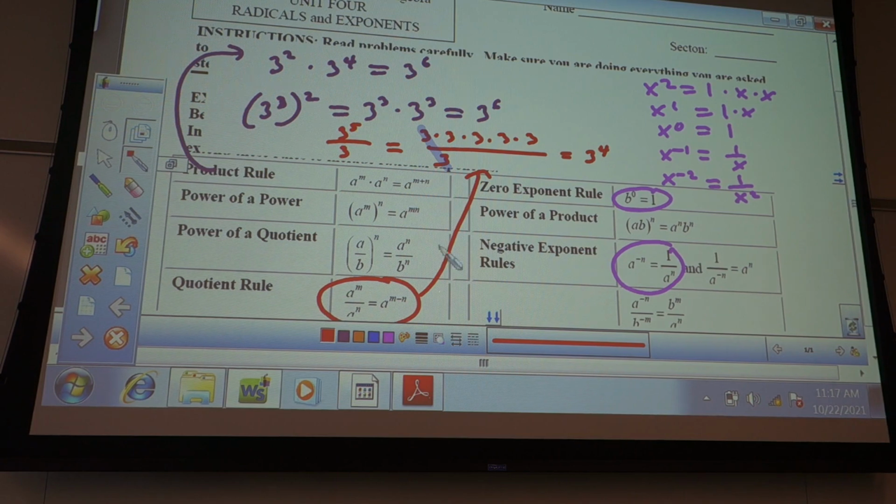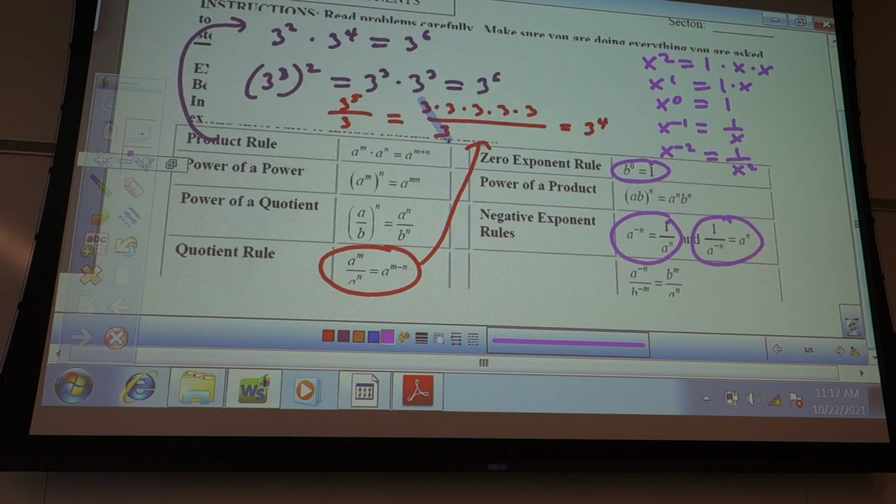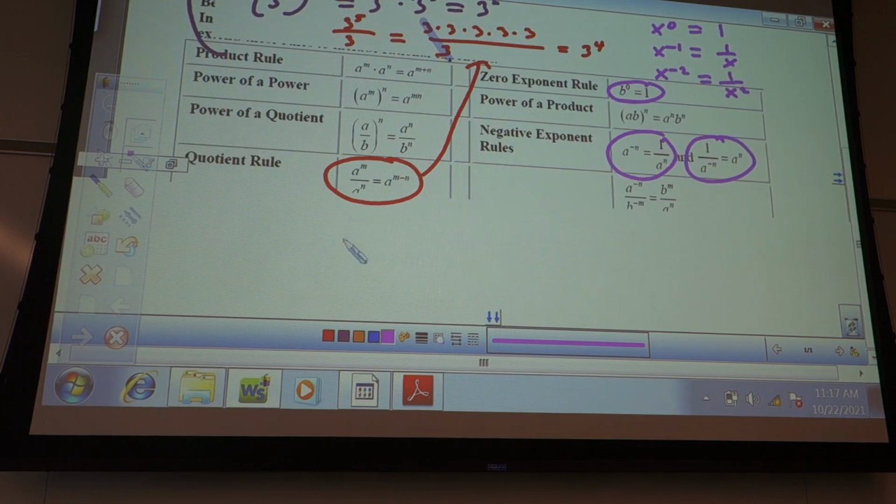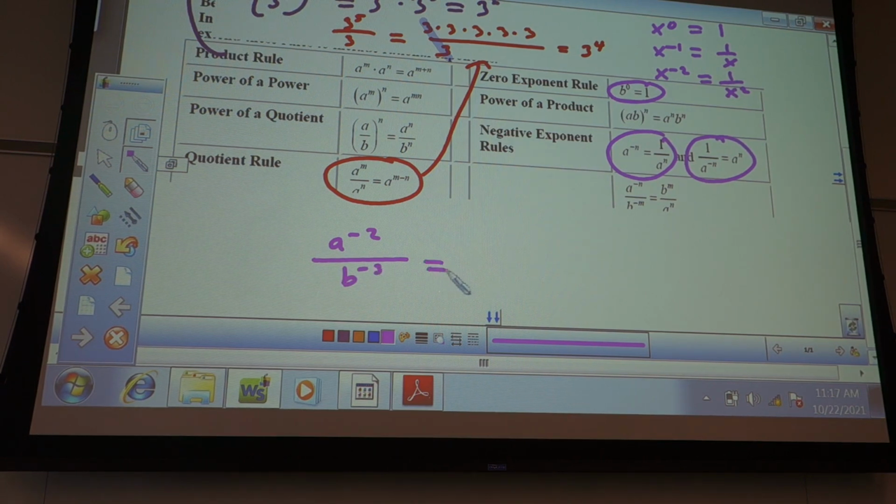Yeah. So if you have a negative exponent on the bottom, you can move it to the top, and vice versa. So as a reminder, if we have a to the negative 2 on top, and b to the negative 3 on the bottom, I can move this to the other side and remove the negative exponent.